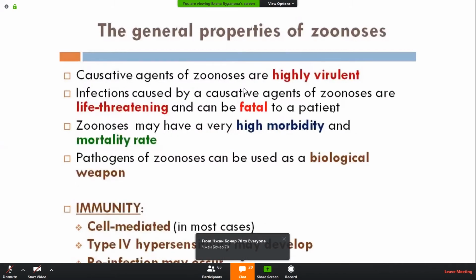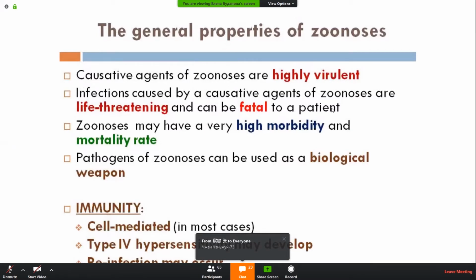Well, these bacteria are known as highly virulent, and they cause life-threatening disease with a very high mortality rate, like we can see in the septic form and pneumonic form of plague and anthrax, when it may reach in some cases 100% if untreated, and even if properly treated.